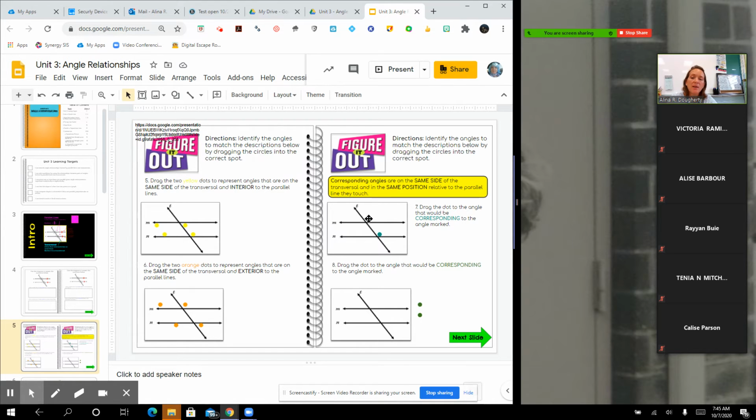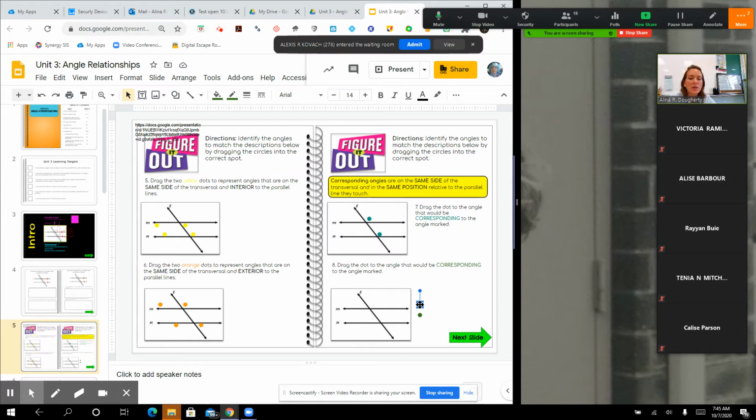We could also take them and put them down at the bottom. We can take any of those 4 intersections and slide it down to the next acute angle or slide it down to the next obtuse angle. So the bottom line is you're going to have the same side of the transversal, but one inside and one outside.